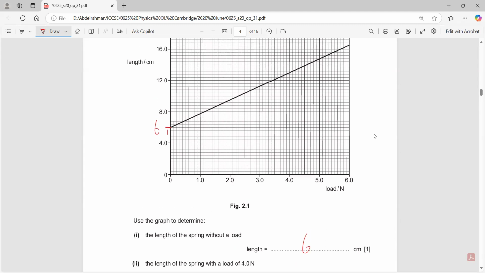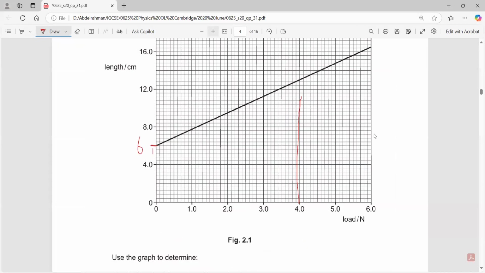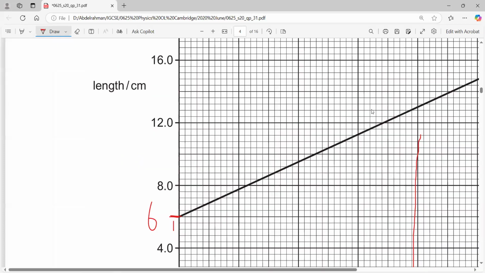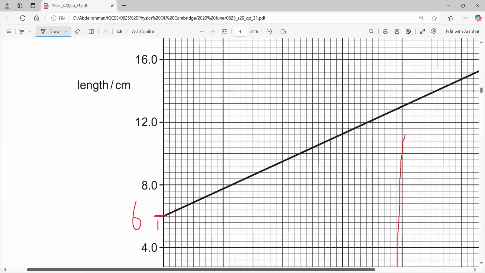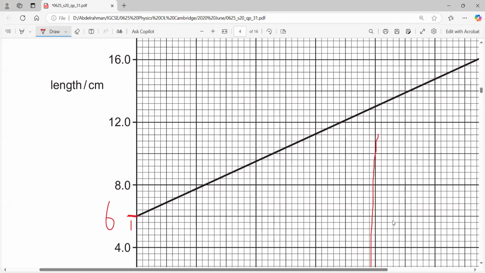Can I find the length of the spring with a load of 4 newtons? Yes, at 4 newtons, you need to draw a line, and you need to be as accurate as possible. If you draw the line, it reaches the center of this square. If you draw another horizontal line, it will reach this point exactly. No, it's not 12.5.